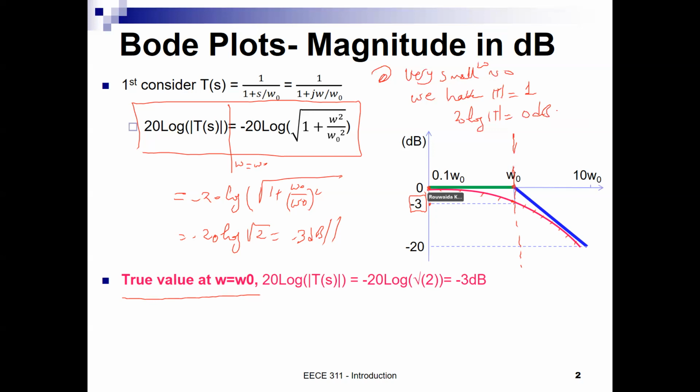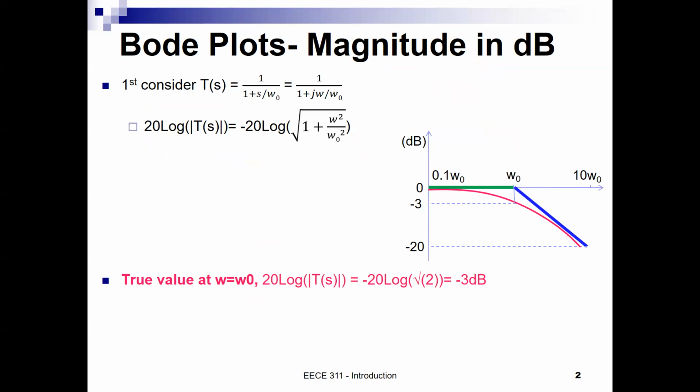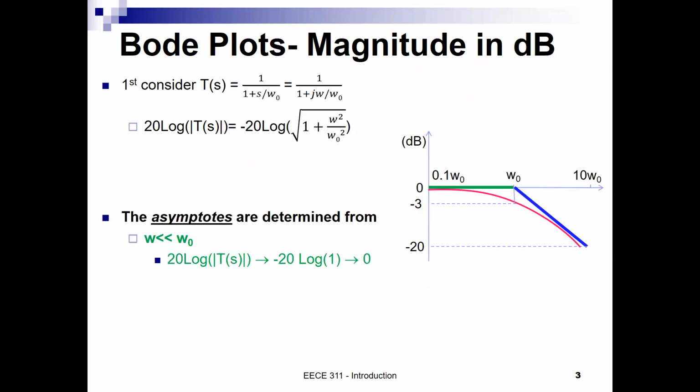Then it starts at 0 dB and it drops to minus 3 dB at ω equal to ω0. Okay, we want to draw the asymptotic plot, so we are going to split the region into two regions around ω0. The region where ω is smaller than ω0 is the first one.